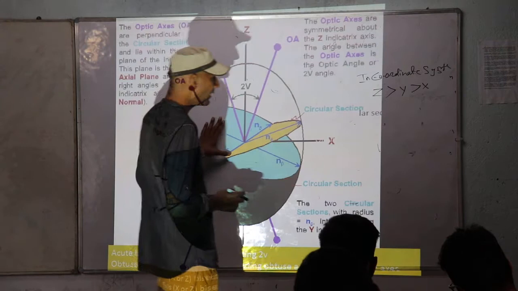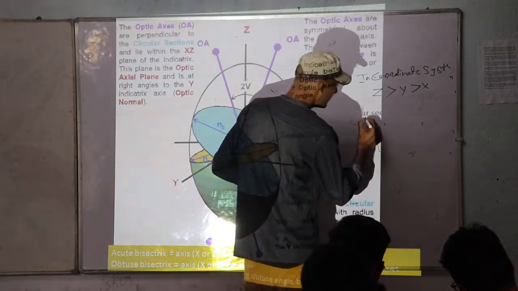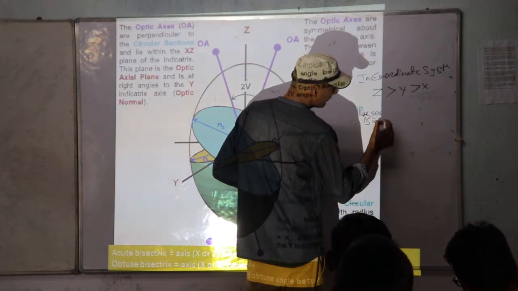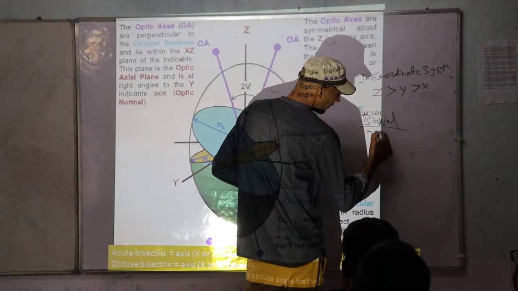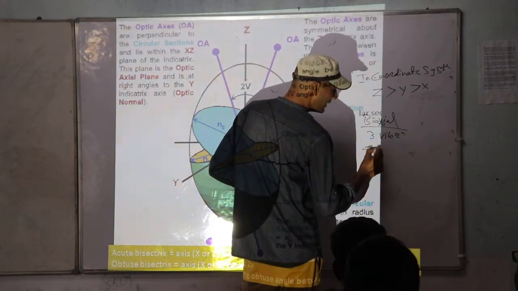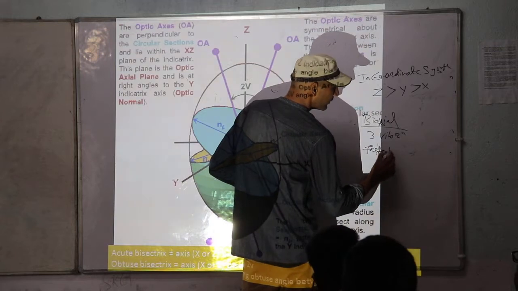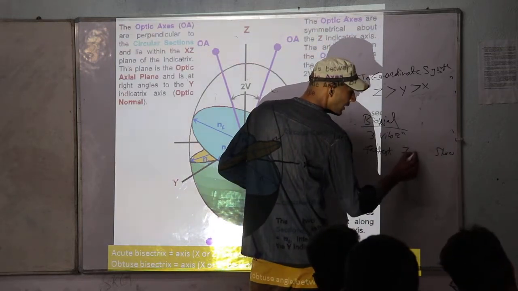So what happens in the case of a biaxial mineral? There are three vibration directions. What are they? One is fastest, one is slowest, and one is intermediate.